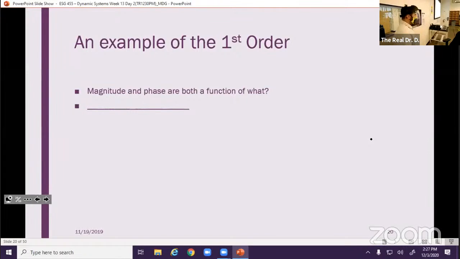Magnitude and phase are both functions of what? There it is. Frequency. All right, frequency.